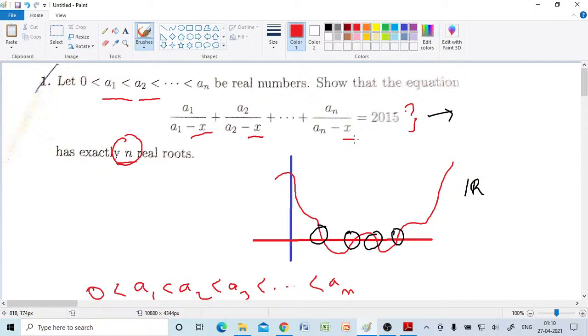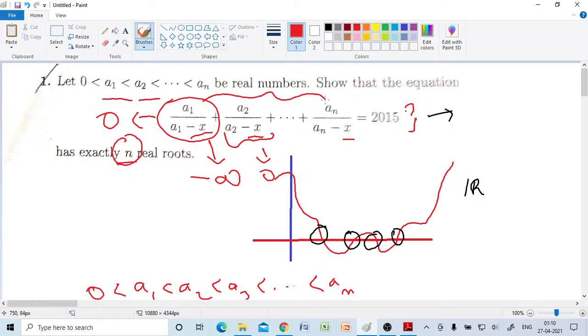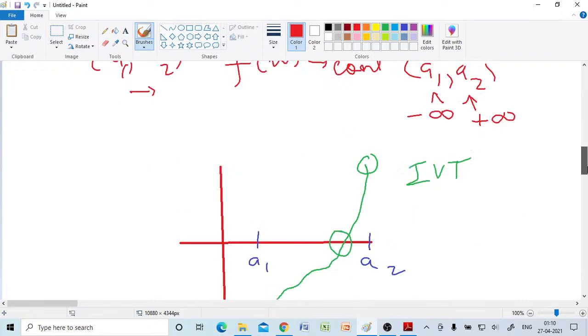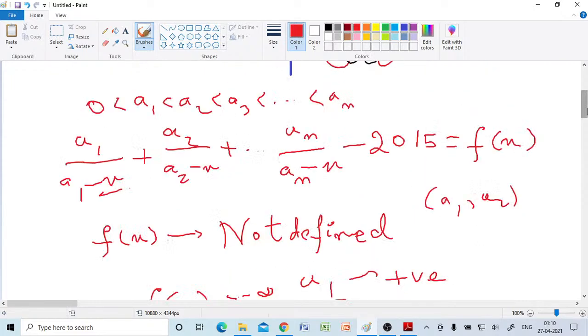So if we approach x to negative infinity, this entire term approaches 0. Similarly, this term approaches 0. So the entire thing approaches 0, which means that this function approaches minus 2015 as x approaches negative infinity.